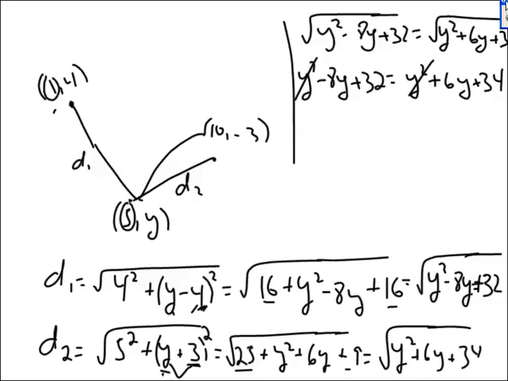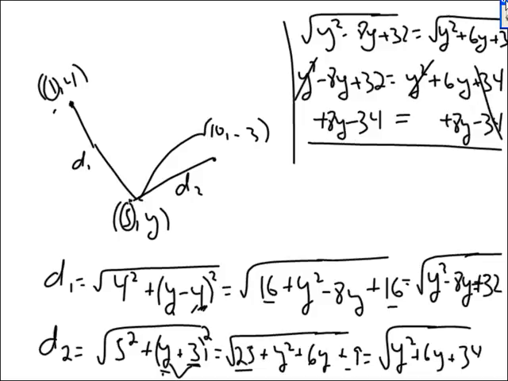First thing I would do is cross off the y squares and be happy that I don't have a quadratic equation to deal with. I'll bring all the y's to the side that has the most. The left side has negative 8y's, the right side has positive 6y. So I'm going to bring all the y's to the right side by adding 8y's. And while I'm at it, I'm going to bring the numbers to the left side by taking away 34 from both sides. So negative 2 is equal to 14y.